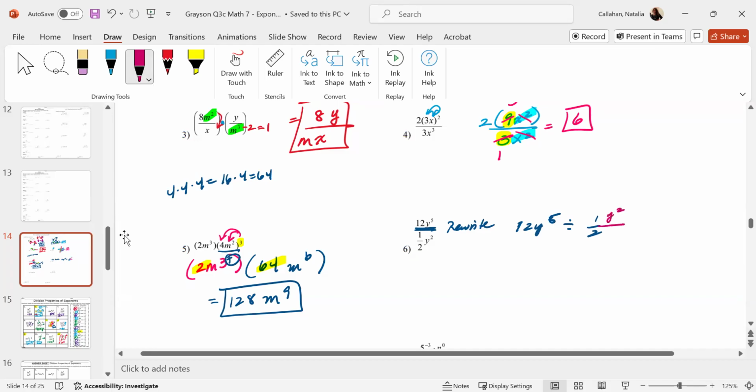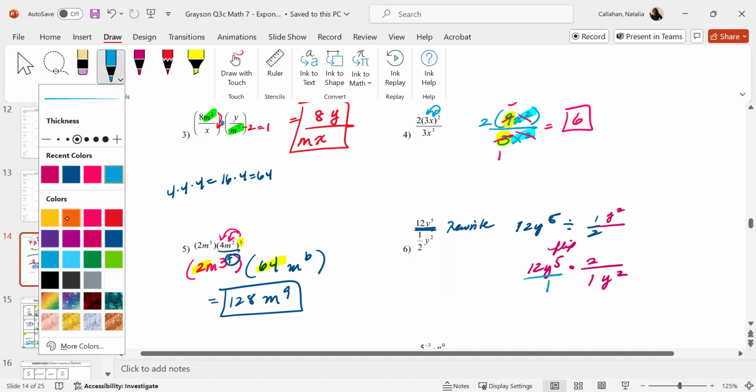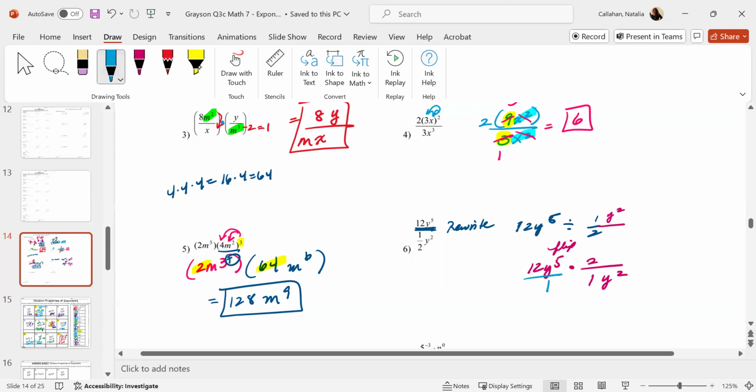Do you see that? So let's go ahead and flip it, right? 12y to the 5th times 2 over 1, y over 2. Do you see that? There's a 1 over here. You got to be careful with the ones and how you flip it.